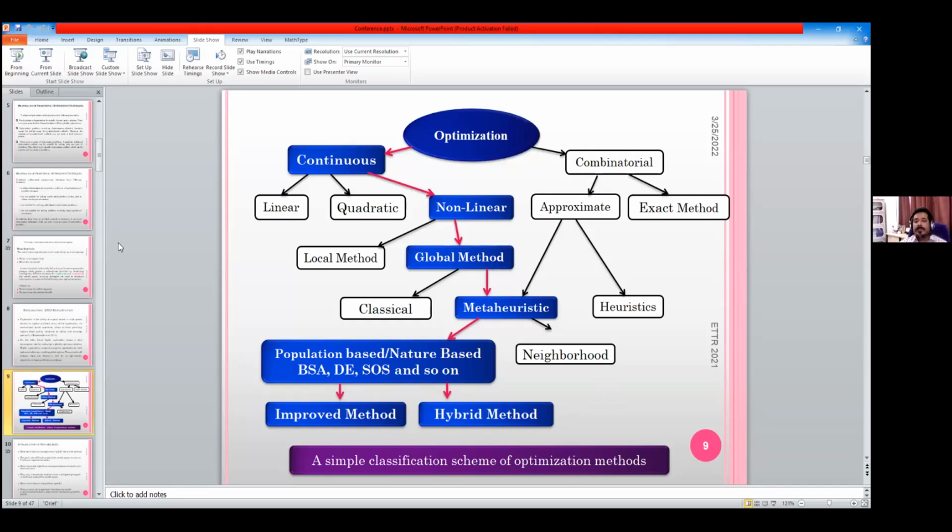So on these fronts, people are working to solve their problems. Almost all problems of industry, you can convert into an optimization problem, except some classical design problems.